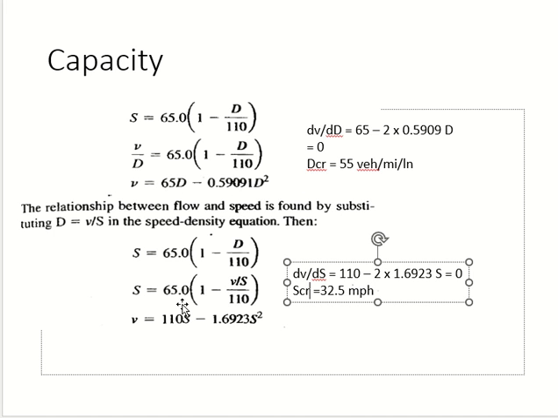Or you can use flow equals S into D. You already know S and D, you put both of them and get the capacity. Use any of them, give me a value. 1787.